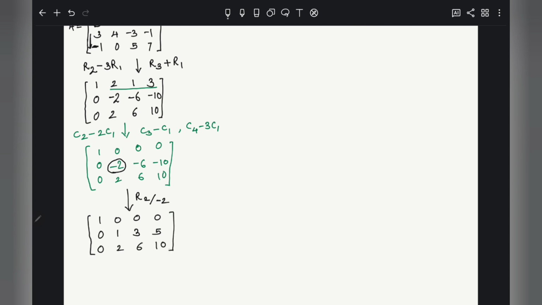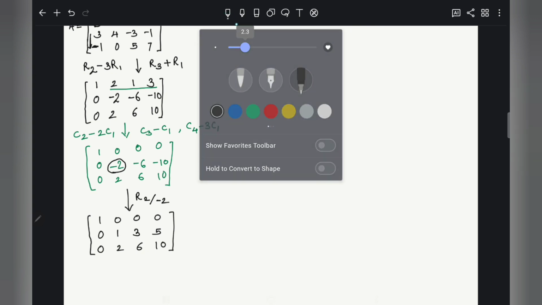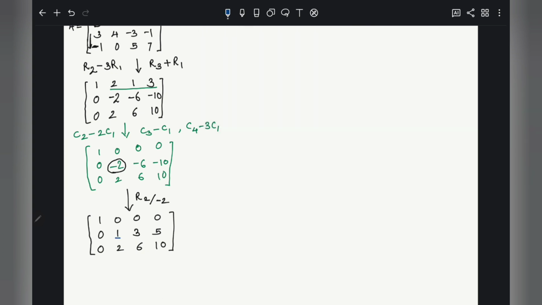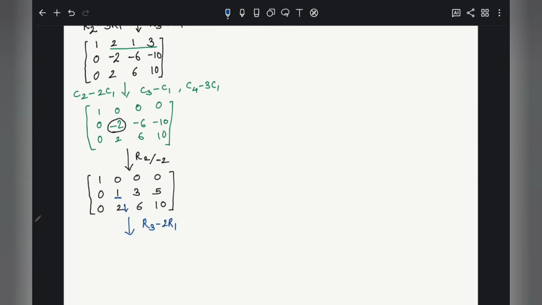Now the next motive is, using this 1, we have to make this entry 0. That is what we will achieve in the next step. For that I will write r3 minus 2 r1. Sometimes you can use easy steps; you need not follow the sequence.